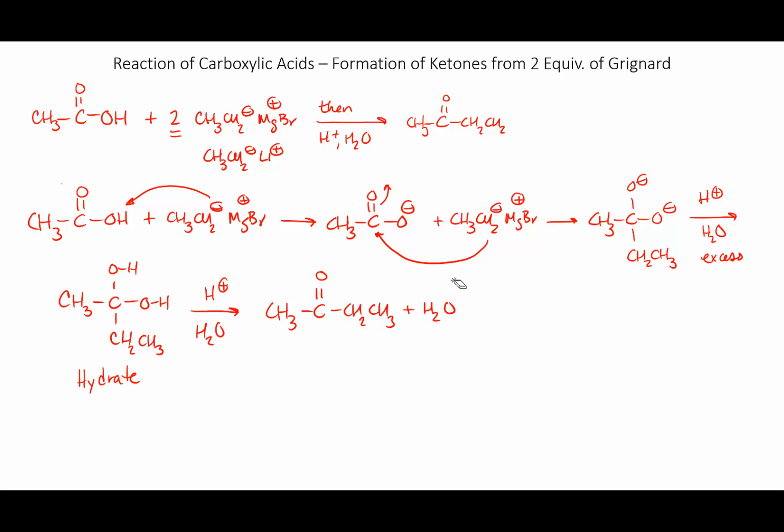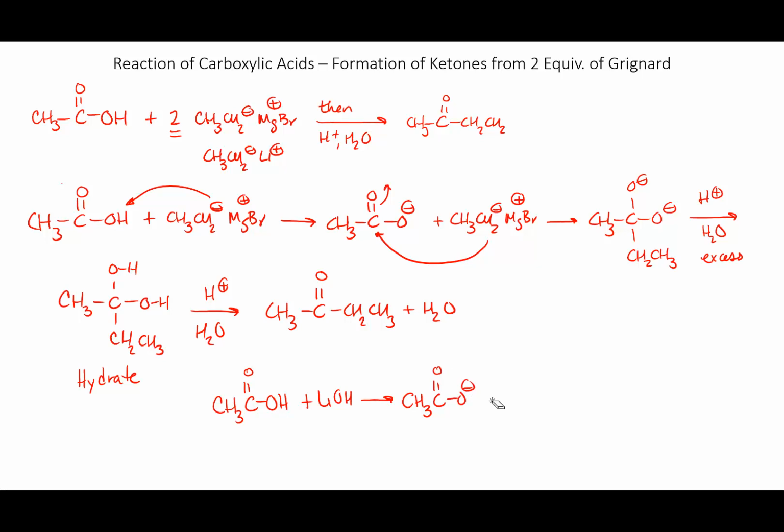Now, do you have to throw away two equivalents, or do you have to throw away one equivalent of Grignard? No, another way to do this reaction would be to simply say, okay, I'm going to take my carboxylic acid and react it with something like lithium hydroxide first.